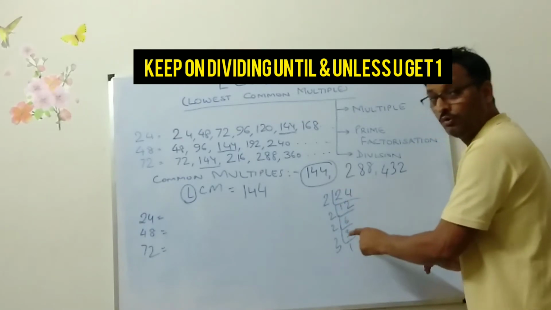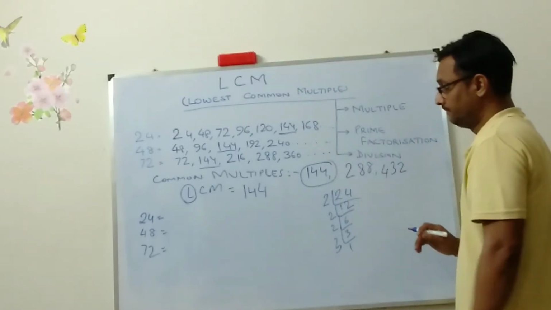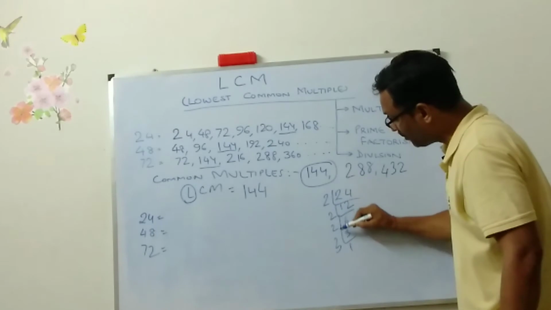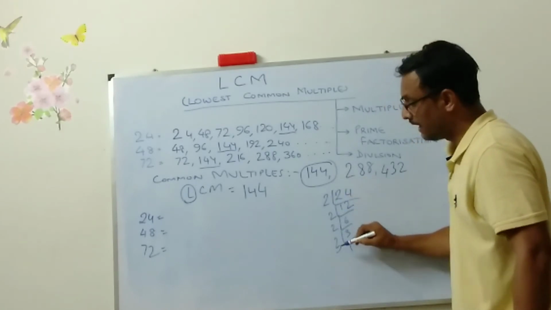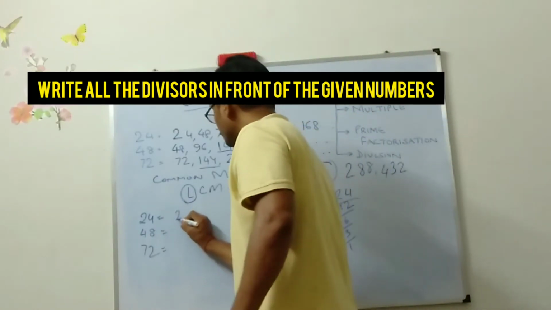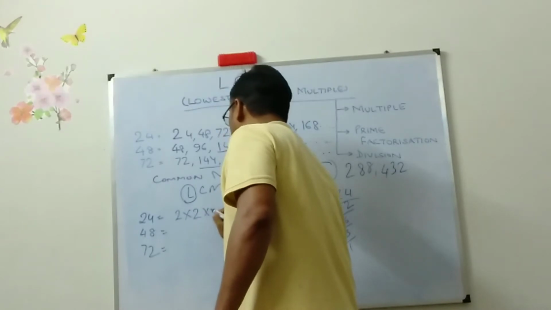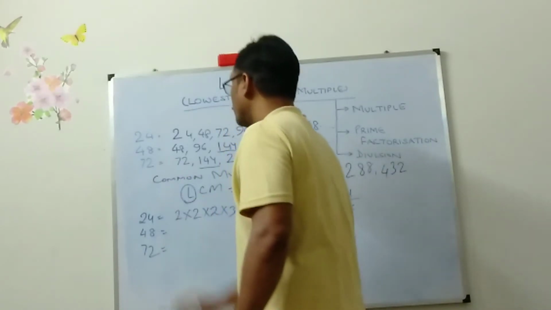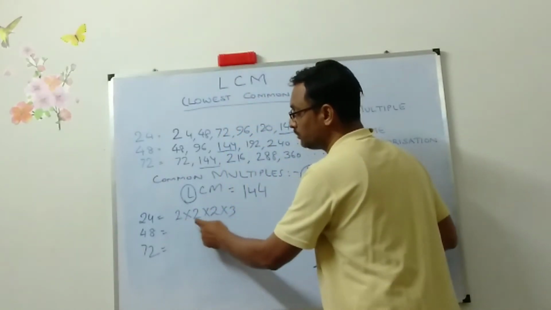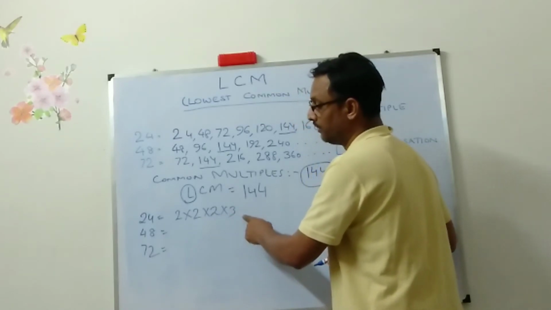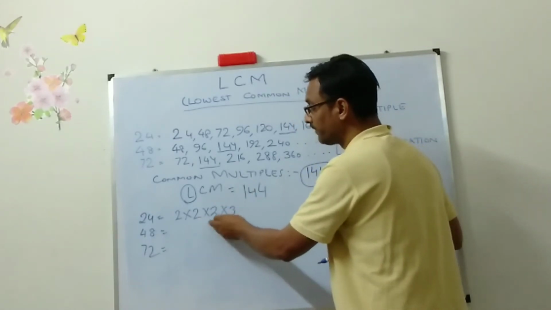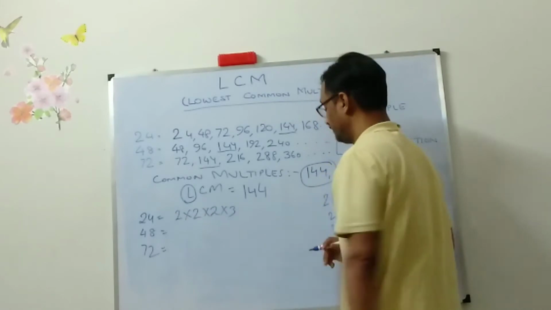And you need to divide it by prime numbers only. So what are the numbers you have got? 3 times 2 and 1 times 3. So you need to write like this. And you have to cross check whether you have done correctly or not. 2 2s are 4, 4 2s are 8, 8 3s are 24. Another way, 3 2s are 6, 6 2s are 12, 12 2s are 24.